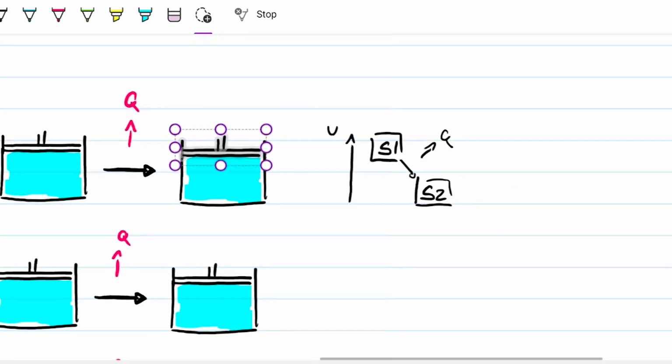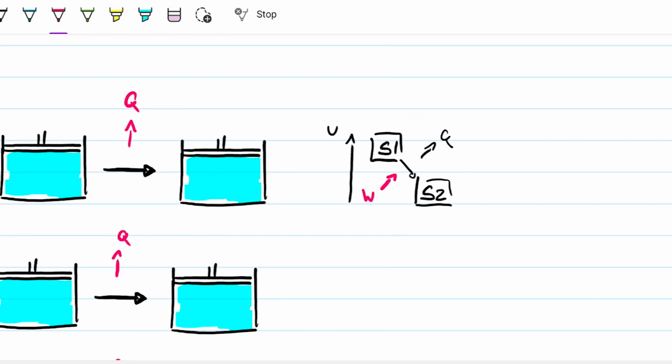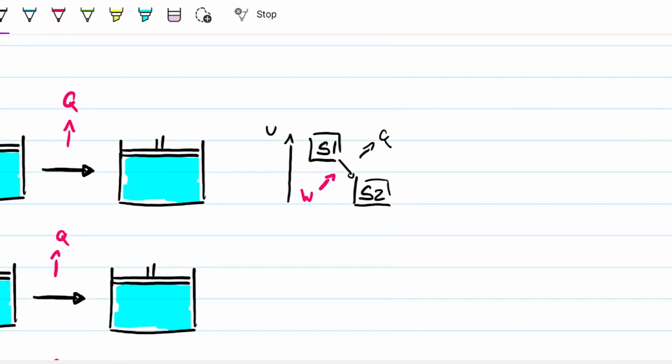Actually, we should say the combination of things. It can be work going in, like so. It can be energy going down, energy leaving the system, and then work going away.